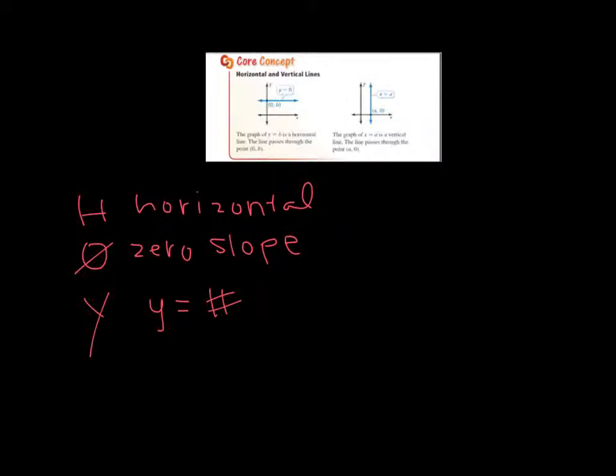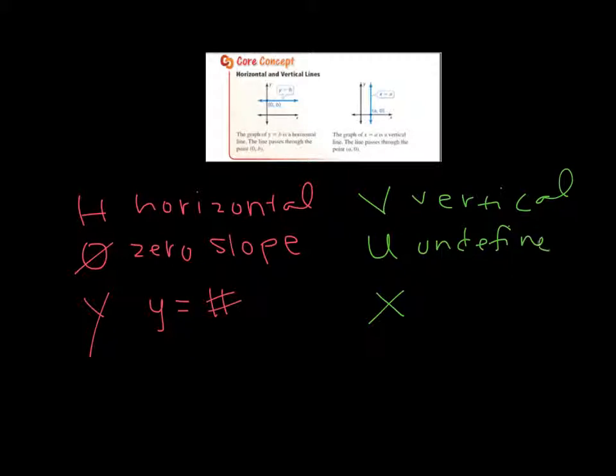For vertical lines, I told you to memorize the acronym VUX. V stands for vertical, U stands for undefined slope, and X helps you remember that these equations are going to be x equals a number.